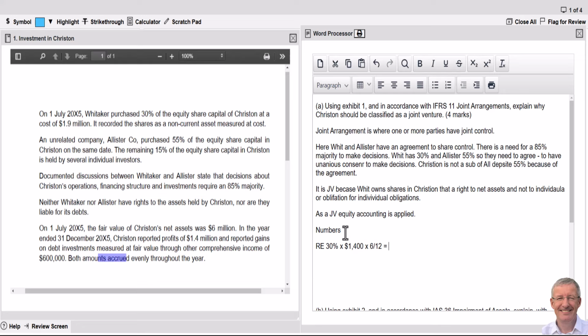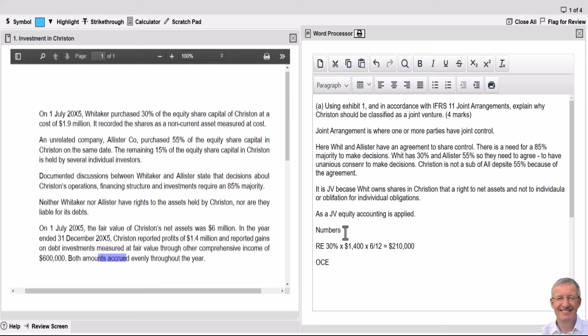I know there's a calculator function, but actually I'm quite comfortable dealing with this as mental maths. Half of 1400 is 700, and therefore 30% of 700 is 210,000. Now, that's gone through the P&L. If it goes through the P&L, it's in retained earnings. If it goes through OCI, then in equity, it's going to appear in other comprehensive equity.